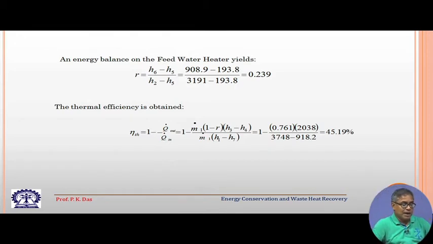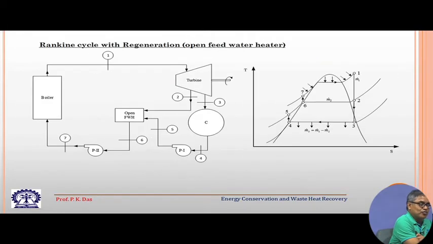It would be a good exercise that you do not consider any feed water heating. You assume that the entire mass of steam is expanding through the turbine, and this pump is raising the pressure from P 4 or P 3 up to P 1 or P 7, and then you do the cycle calculation and see what efficiency you get.